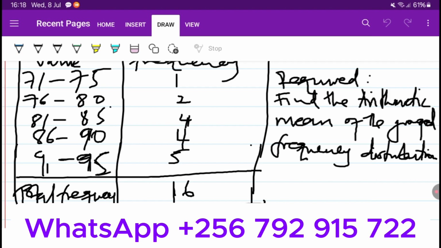So as long as you have the midpoints, you do what we have been doing in the other aspects. The only thing that changes is that you need to get the midpoints, and these midpoints work as our x values.